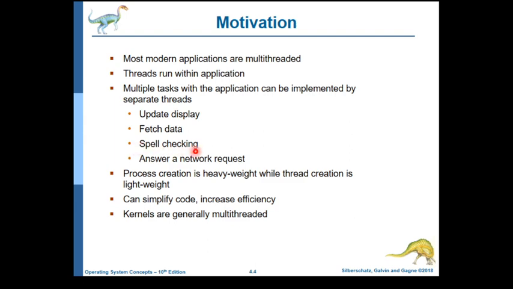For example, when you are doing your assignment using a word processor, one thread can display graphics, another thread can respond to your keystrokes, and the third thread will do the spell checking and grammar checking in the background. Another example: there's a certain situation where an application needs to perform several similar tasks.